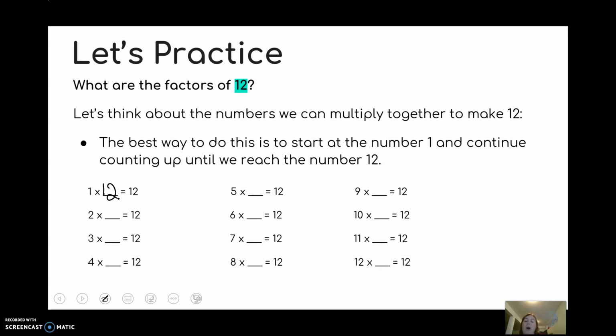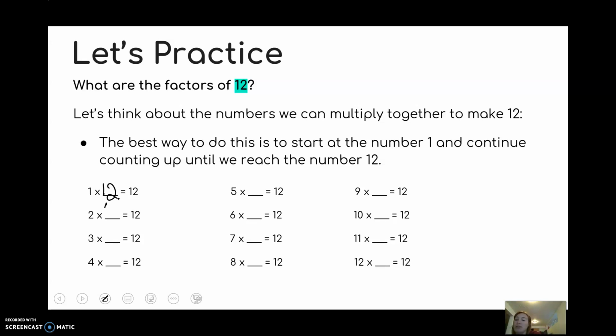Now I'm going to think about how many times 2 goes into 12. So what that means is 2 times what equals 12. So I'm going to think about the multiples of 2. We have 2, 4, 6, 8, 10, 12. So I'm counting that, and that is 6.